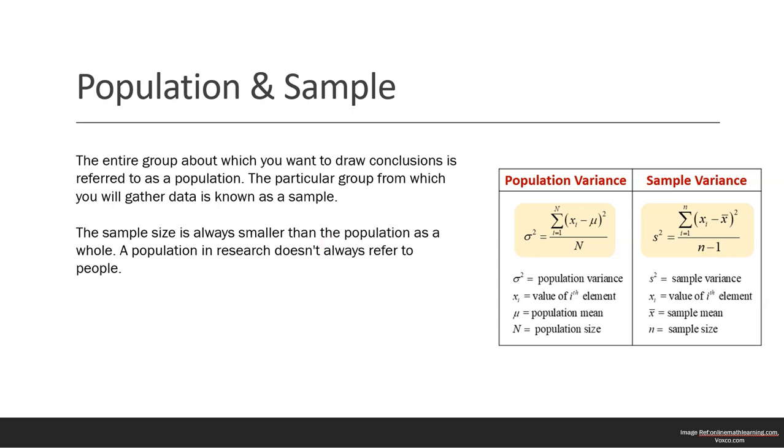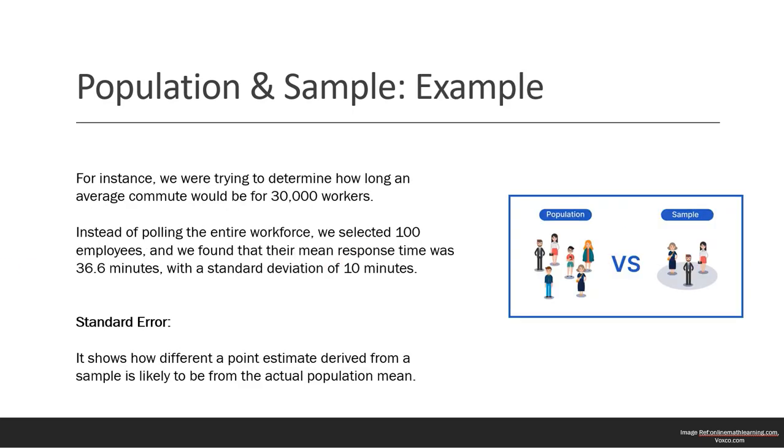Okay, so let's understand it using the particular example that I have just told you. You have 30,000 employees in our office. Now you have to take 100 people to find out the commute time among them. Because we don't have time to collect data from 30,000 employees, but we can do it for 100 employees, right?